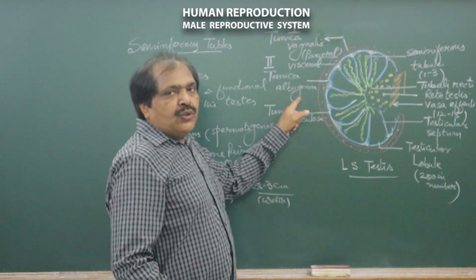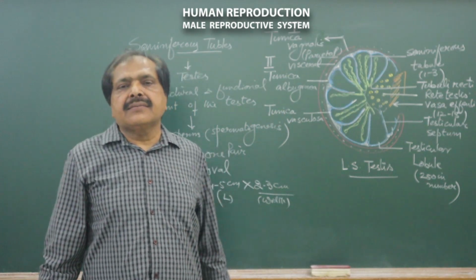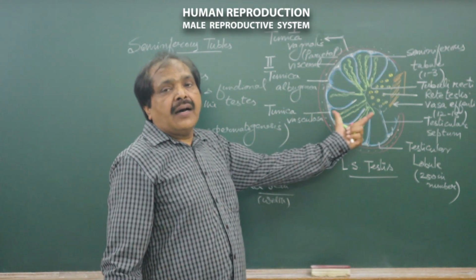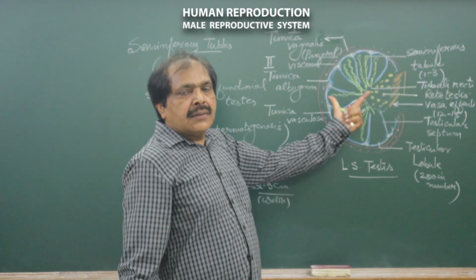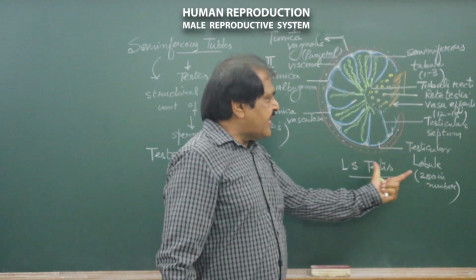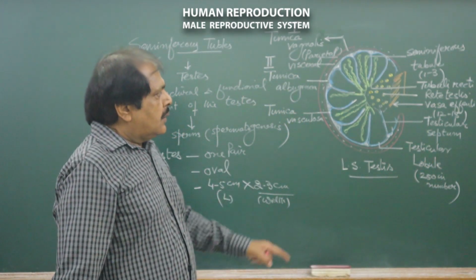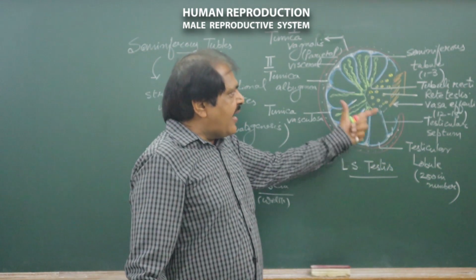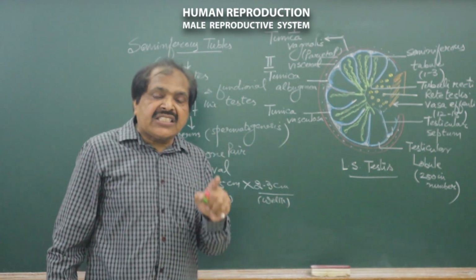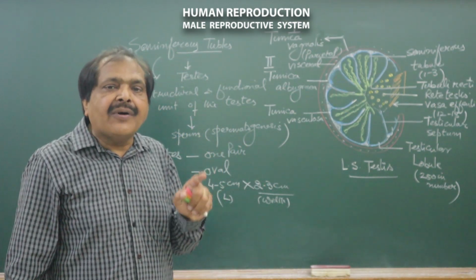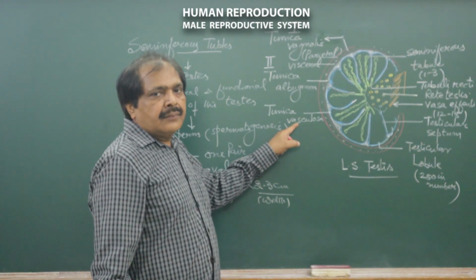This tunica albuginea enfolds or invaginates into the lumen of the testis and forms testicular septa. Testicular septa divide the whole of the lumen into testicular lobules. It means each testicular lobule is covered over by tunica vasculosa, with high blood supply.